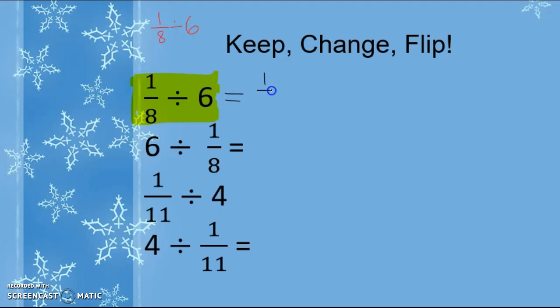Well, he's going to keep the 1/8. He's going to change the sign to multiplication, and he's going to flip the divisor. Now he can solve. I hear your brain exploding.